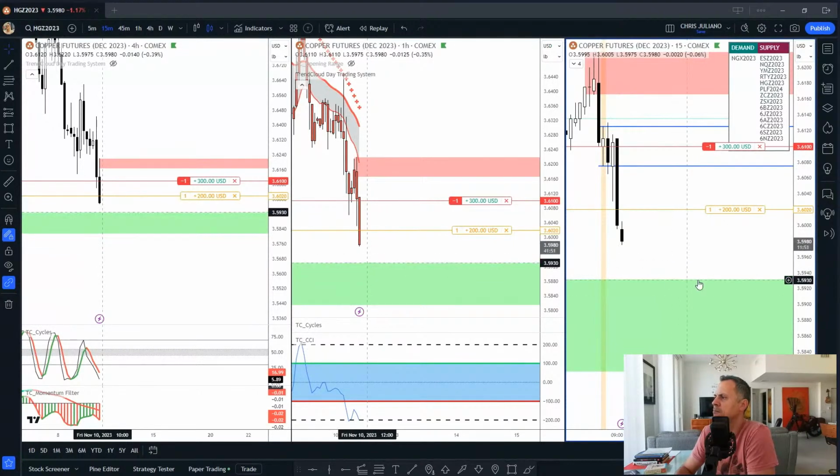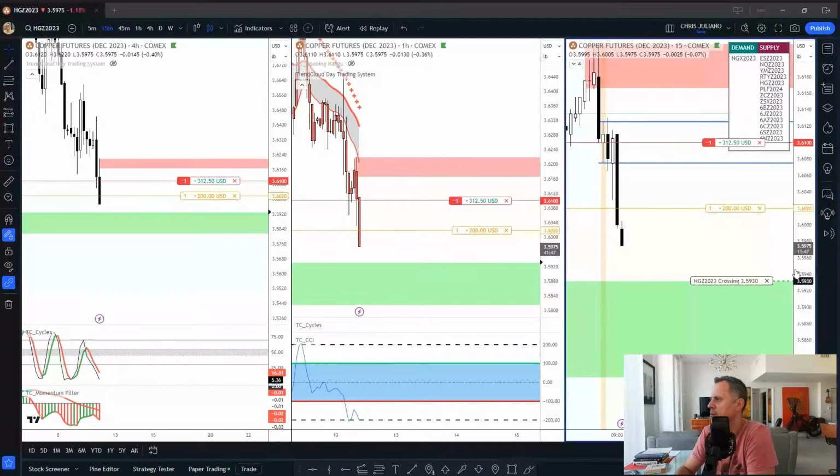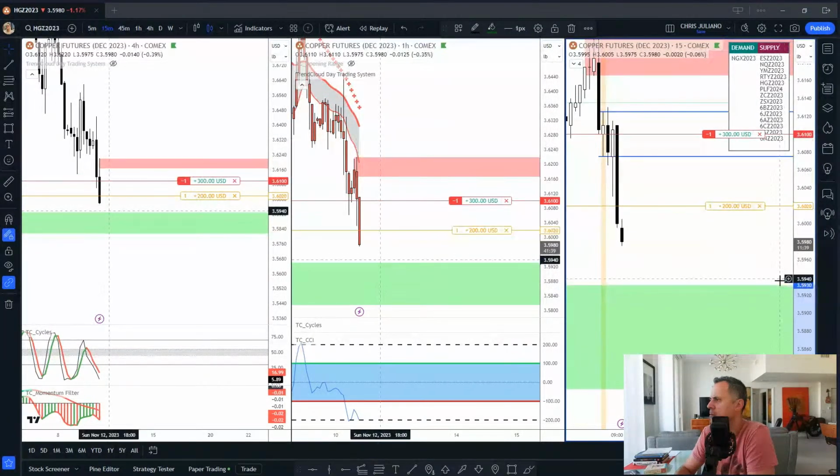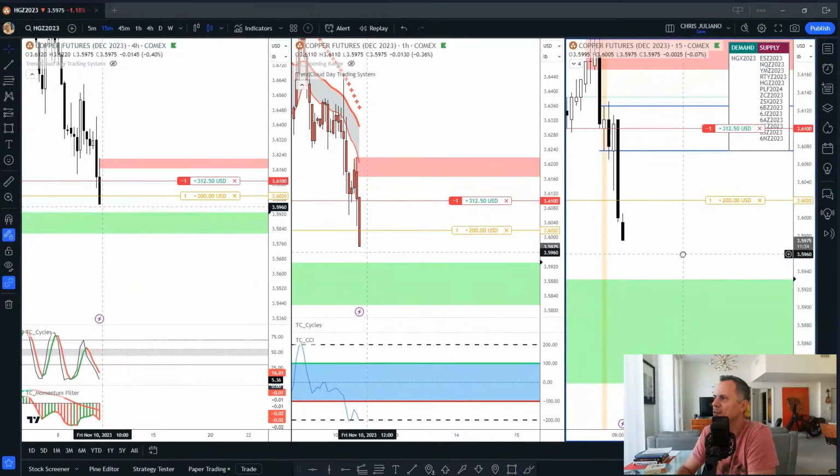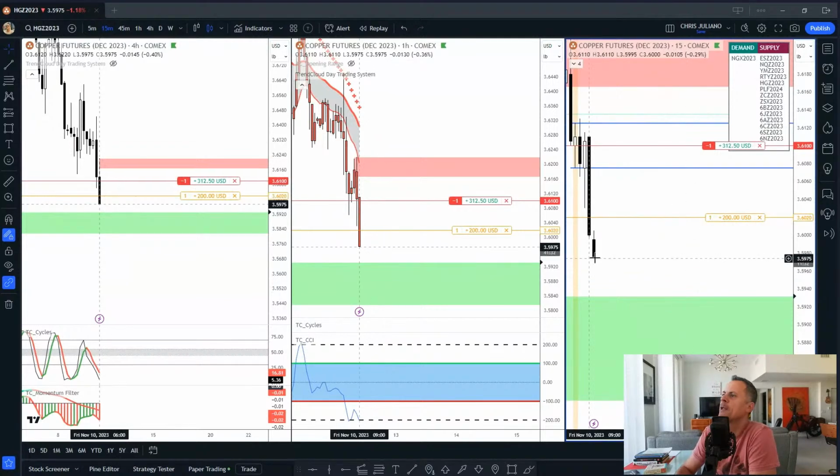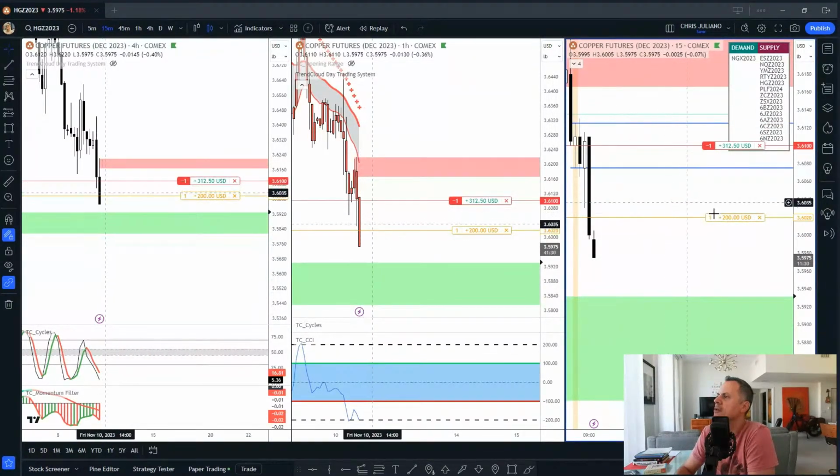There it is. Okay. Wow, that's so weird. It's not letting me grab the line. TradingView, you're acting weird.